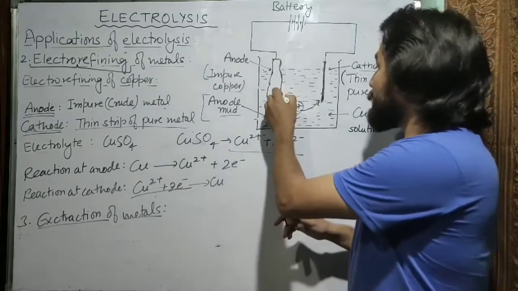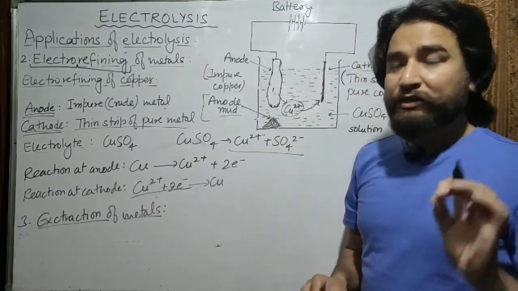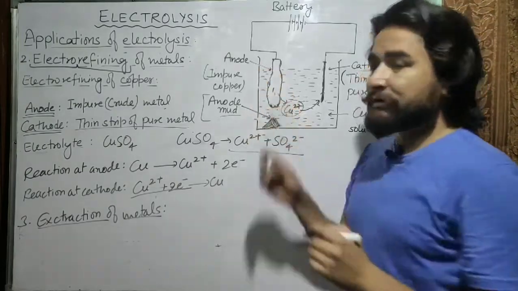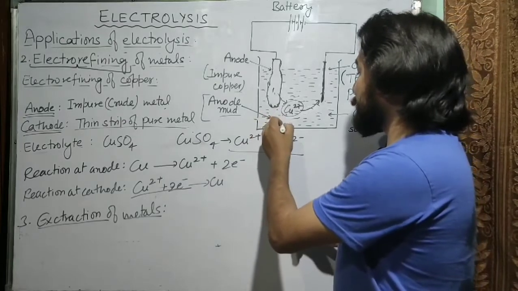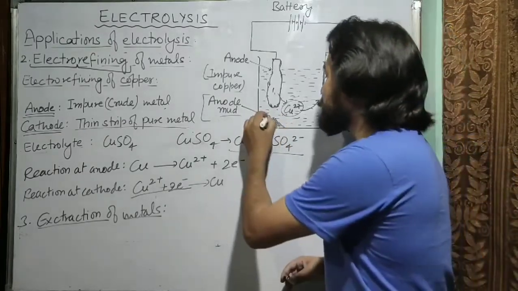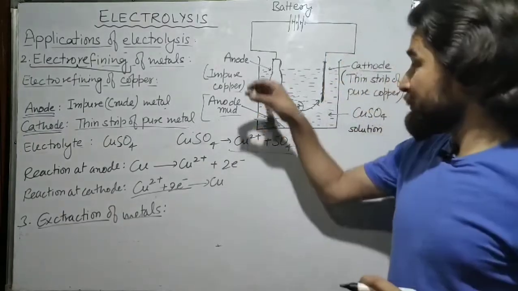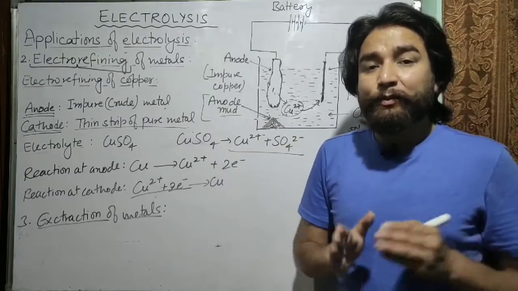So all the pure copper will get deposited at the cathode, and the impurities which are present in this bar of impure copper will get deposited at the bottom of the anode. Therefore it is also called anode mud, because it is deposited at the bottom of the anode. Why is it deposited?